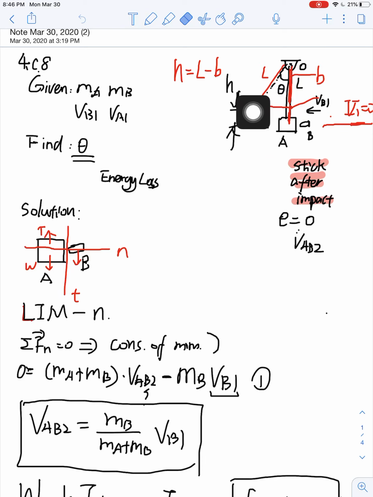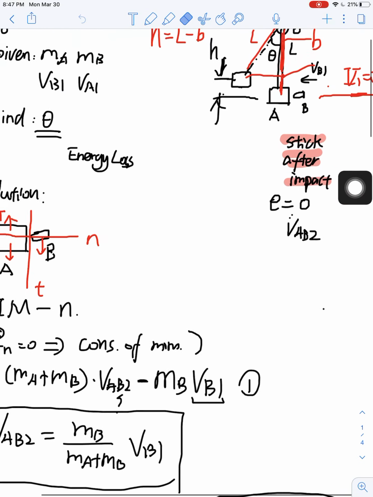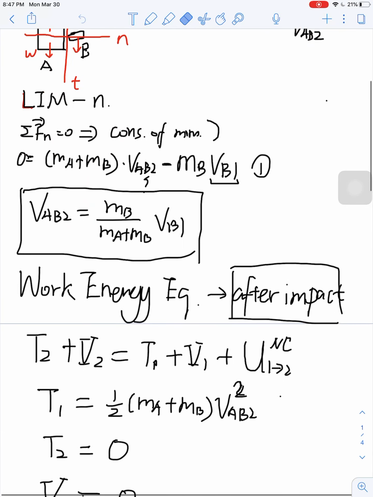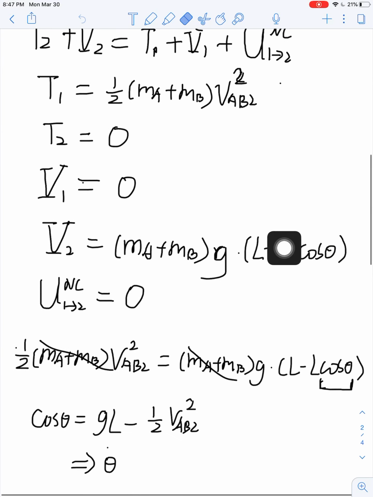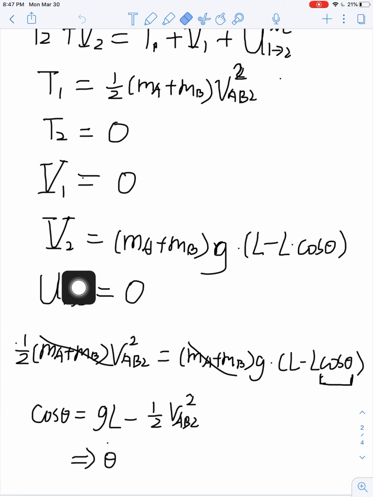So that's a distance h there, and h can be solved by looking at this triangle. We know L, which is the length of the arm, we know theta, and so h equals L minus the length from O to that point, which equals L times cosine theta. So h equals L minus L cosine theta, and that will give us the potential energy at position 2.